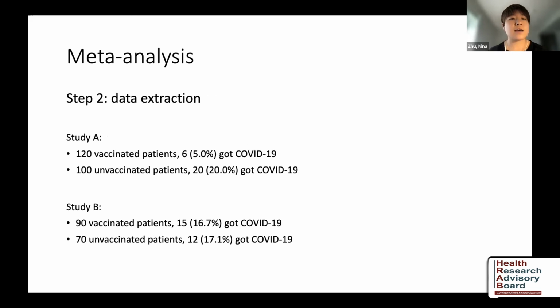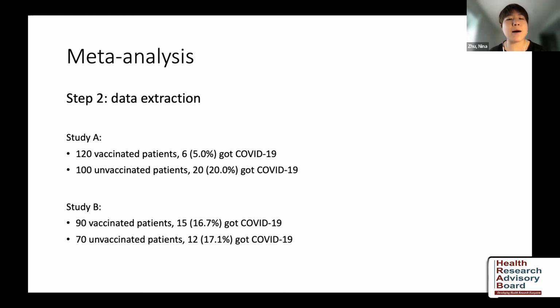Study A has a sample of 120 vaccinated patients, of which 5% got COVID-19, compared to 100 unvaccinated patients, of which 20% got COVID-19. And then I have study B, where I have 90 vaccinated patients, of which 16.7% got COVID-19, compared against 70 unvaccinated patients, of which 17 got COVID-19.